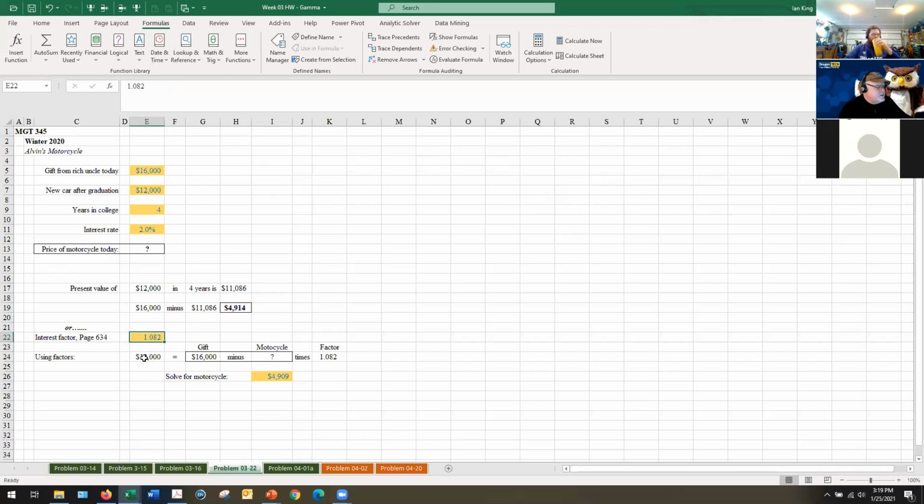So $12,000 is equal to the gift minus the motorcycle amount times that interest factor. In that case, you get 4,909. Doing the same type of derivation, except you're $5 off using the factor versus using a cell. Don't care which way you do, they're both correct. This is why I push being able to see your methodology.